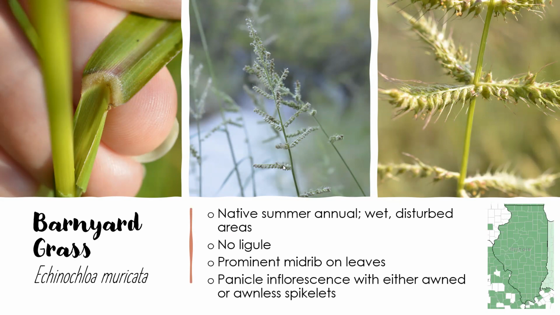And this grass is interesting because there are several different varieties within one species. Some of the spikelets have awns, like we can see in this picture here, and some of them don't have awns, like in this one over here. So it can come in both forms; it's the same species, just a different variety or subspecies.